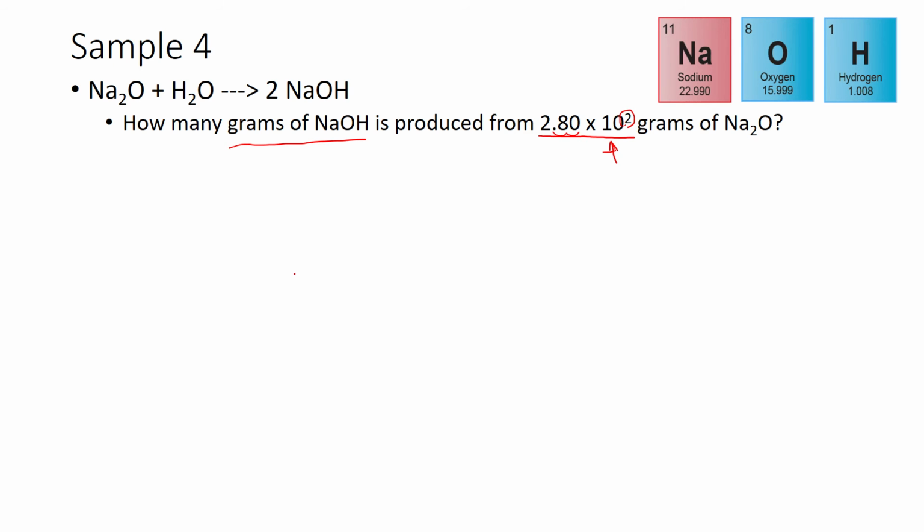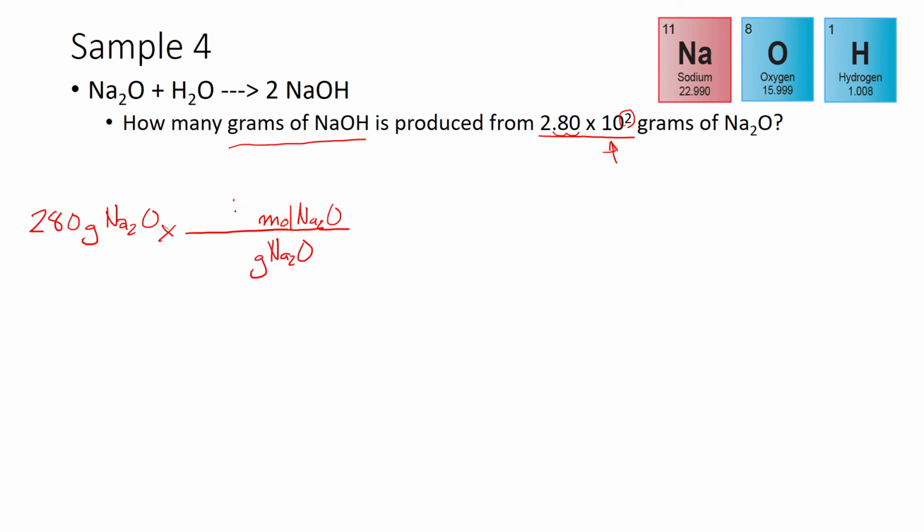So it's just 280 grams of sodium oxide, Na2O. So if you recall, the very first step is to convert to moles. Let's get out of grams of Na2O and into moles of Na2O.